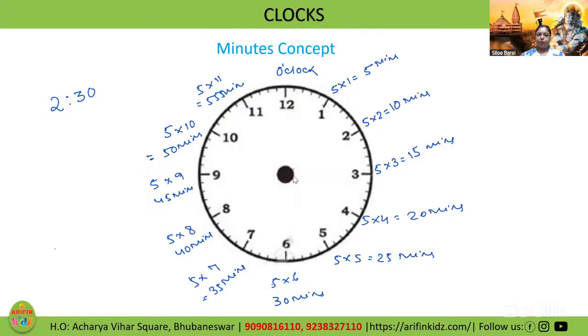Suppose the hour hand is in between 8 and 9. All of you see. The hour hand is in between 8 and 9 and the minute hand is at 10. And it is very close to 9 beta. So what is the time now? All of you tell me what is the time now?